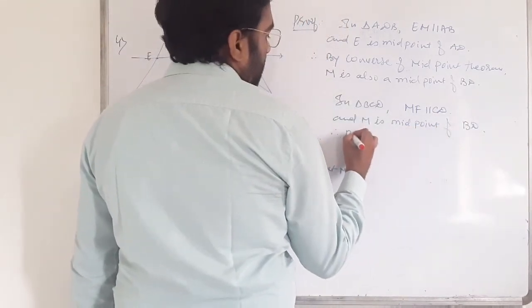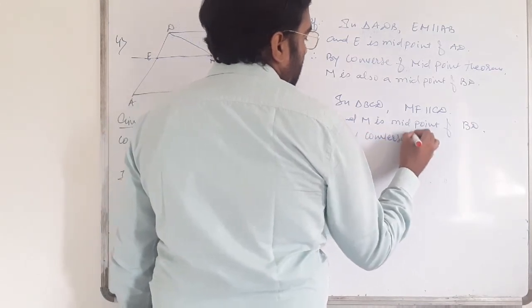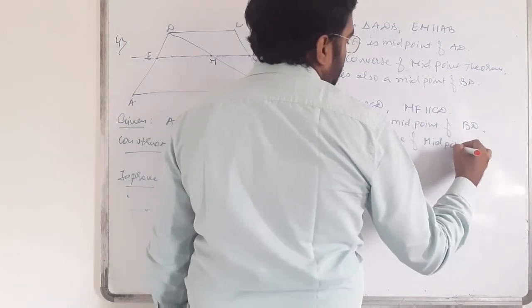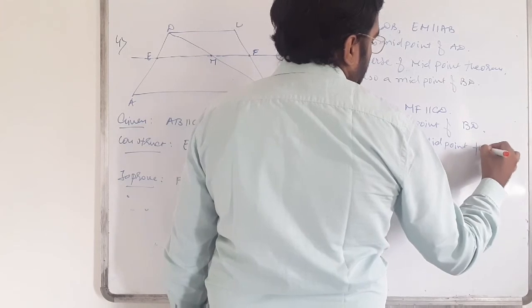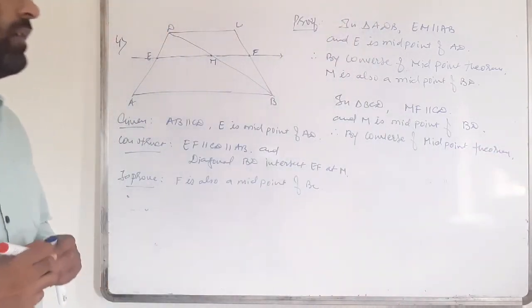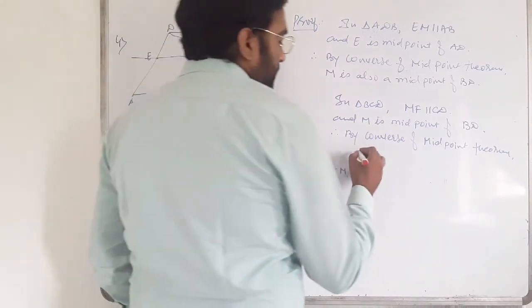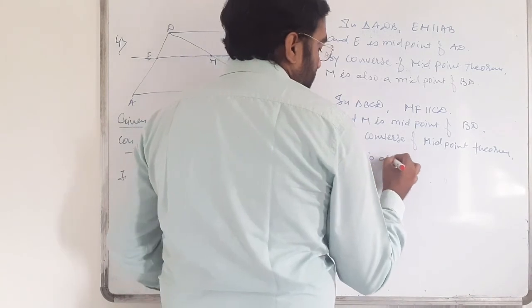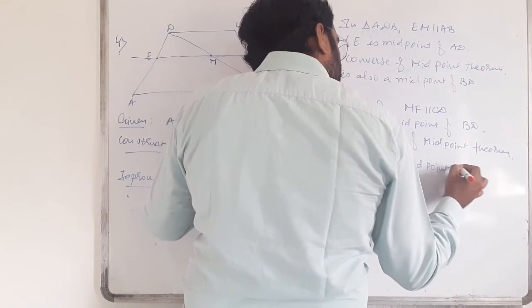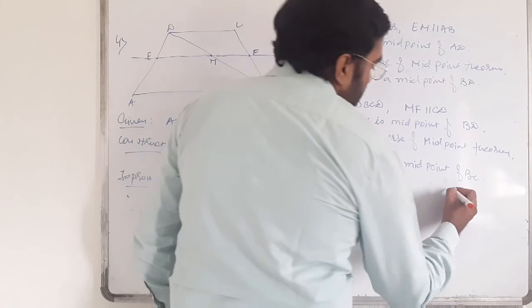Therefore, by the converse of the midpoint theorem, we say that F is also the midpoint of BC. Clear? So hence proved.